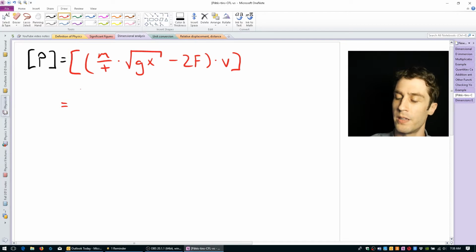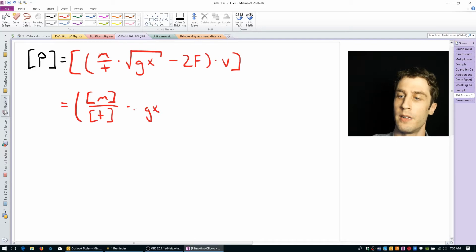But I'm just going to skip all of those steps because in general you could just put brackets around everything individually, and it's equivalent to going through and deriving them tediously.